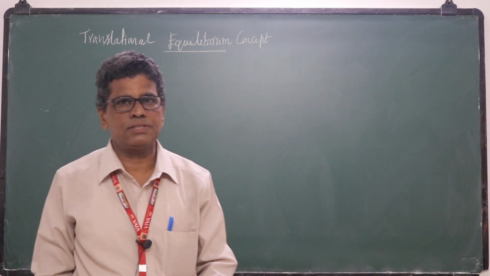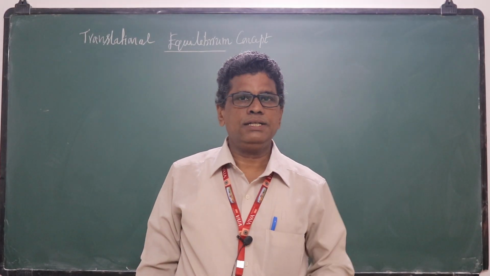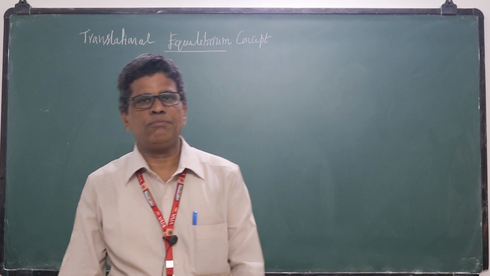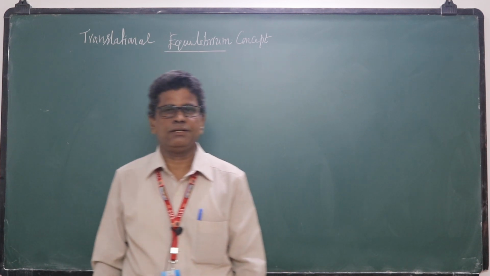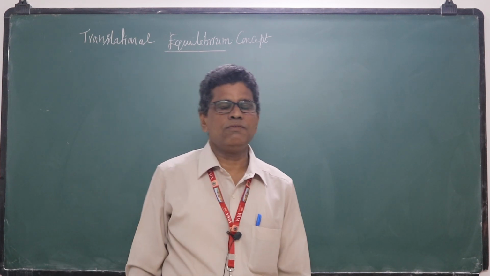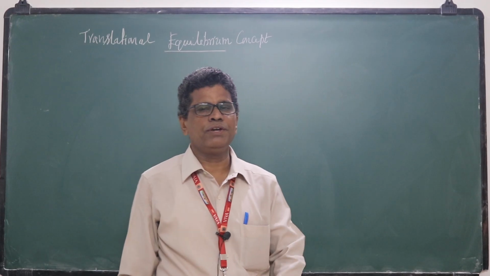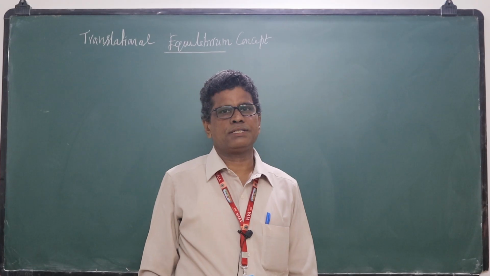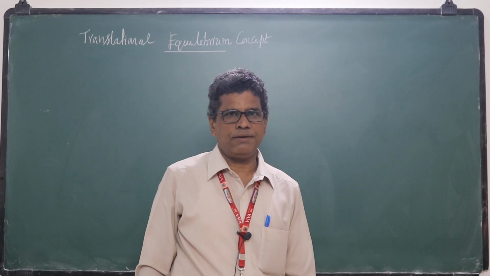Translational equilibrium means the resultant force acting on the object should be zero. Even though a number of forces act on the object, the body still will be at rest or moving with uniform velocity. Such a situation we can call translational equilibrium.